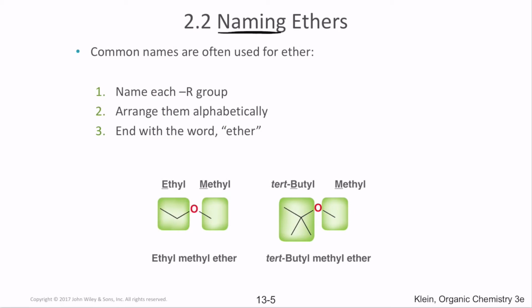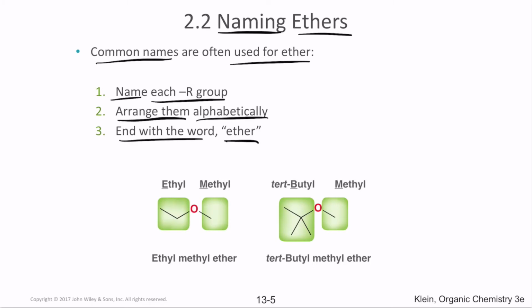So how do you name ethers? Common names are generally used for ethers. The first thing we do is name each R group present in the compound, arrange them alphabetically, and end with the word ether. For example, let's say this is an example of a compound.